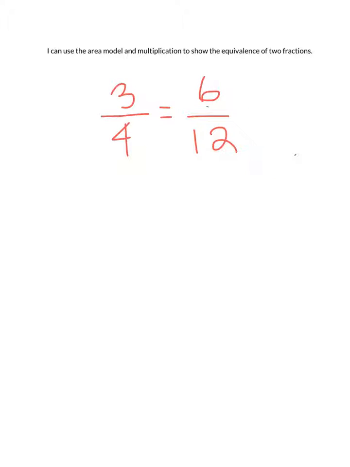Here's sort of the same idea. This time I'm looking at 3/4 is equal to 6/12, and I want to check to see if that number sentence is true or false. And as we did before, I can set up my first fraction, 3/4 is equal to 6/12. So I'm going to take my numerator and my denominator, and let's see.